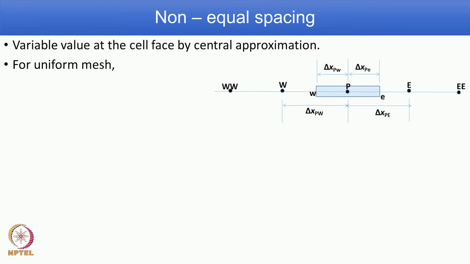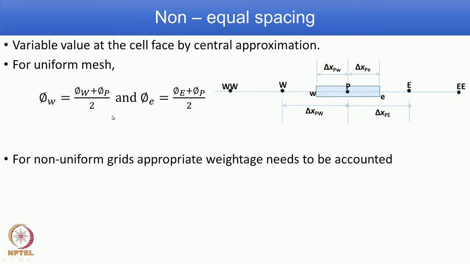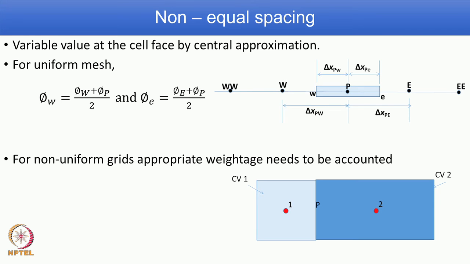This is the terminology or mesh arrangement we used for the uniform mesh, with phi evaluated using a central or linear approximation. For non-uniform grids, we have to have an appropriate weighting procedure to account for the contribution from the respective nodes.